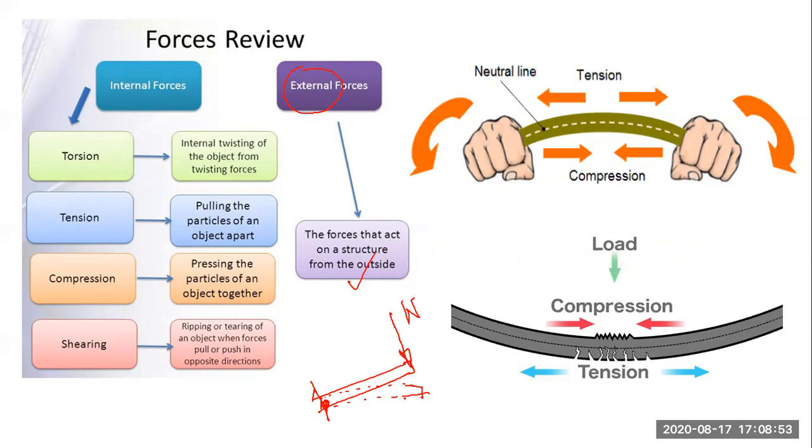So the shape of the bending is like this. What we saw earlier was straight. Now, since this portion is fixed, you've seen the upper portion is in tension and the lower portion is under compression.